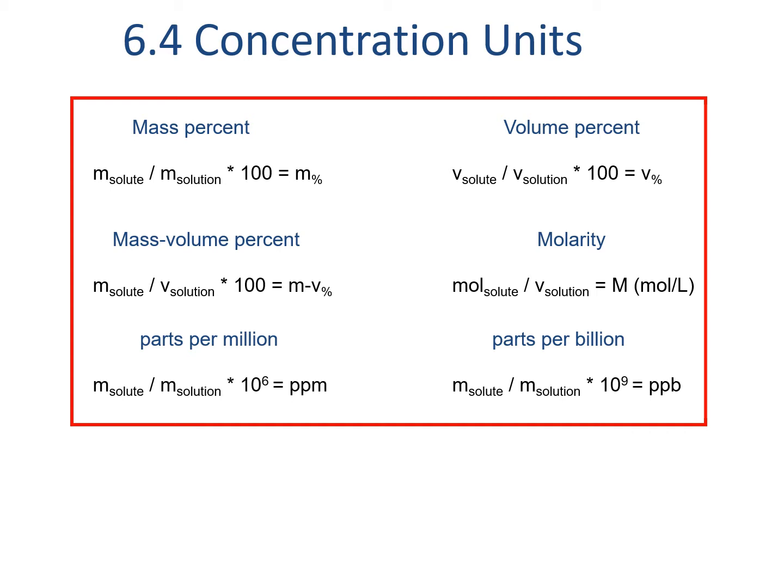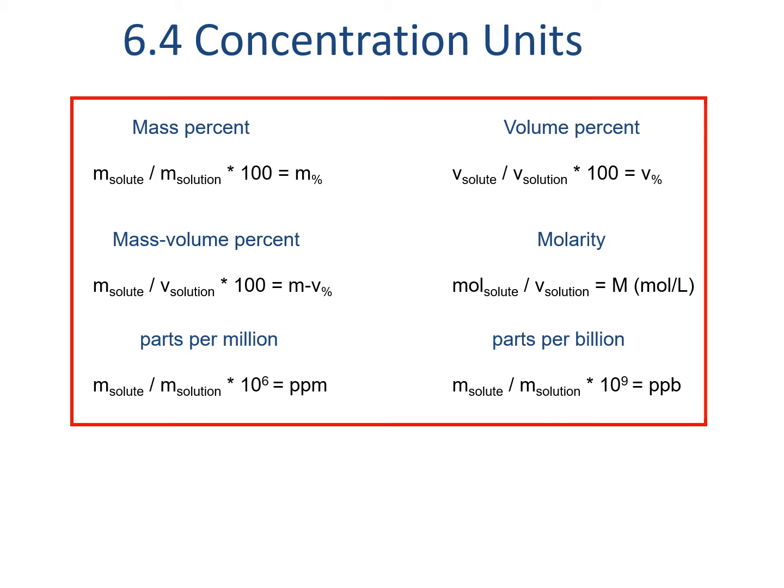Mass percent and mass volume percent, the top two on the left, are both commonly used when the solute is originally solid, since it's easy to measure mass for a solid. But volume percent is preferred when the solute is liquid. For example, fizzy drinks are often reported with a percent ABV, which stands for percent alcohol by volume, as ethanol is a liquid at room temperature and atmospheric pressure, and so is water.